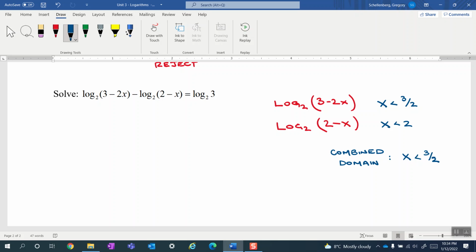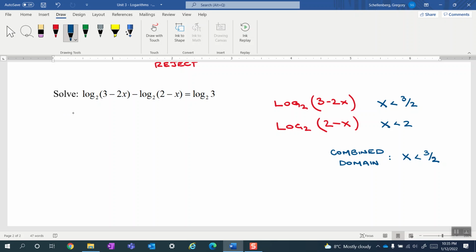Okay, so we've got log base 2 of 3 minus 2x minus log base 2 of 2 minus x is equal to log base 2 of 3. So we've got 3 logarithms with the same base. This is going to open us up to being able to use our log laws. On the left-hand side of the equation, we've got the difference of 2 logarithms, so we can use our division law.